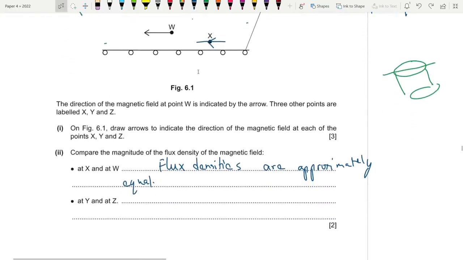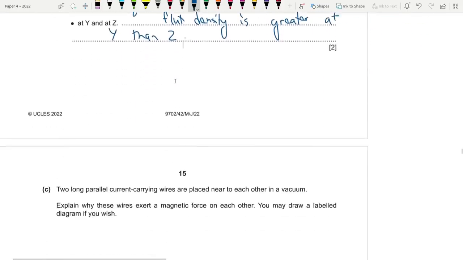So we can state that at Y and at Z, the flux density is greater at Y than Z. We clear? Okay.